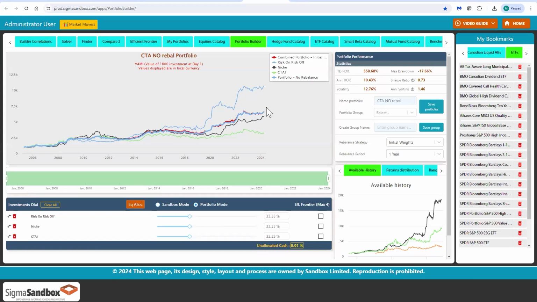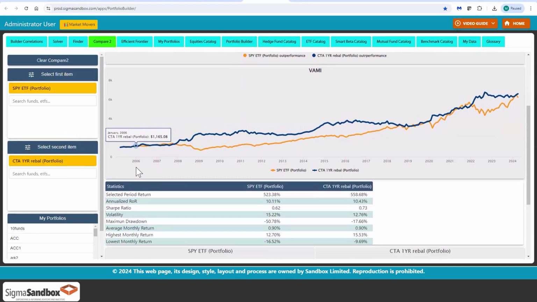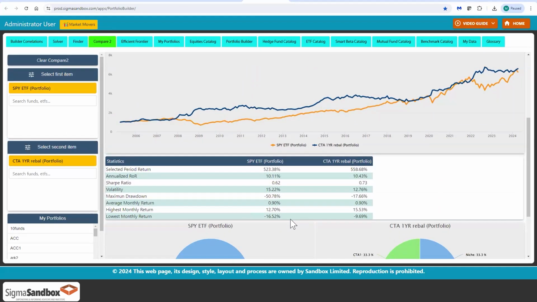And one of the advantages of this combination is you're reducing that drawdown. The drawdown of the three CTAs combined is like minus 18% versus the S&P on its own, which is minus 50% or something like that. Absolutely.